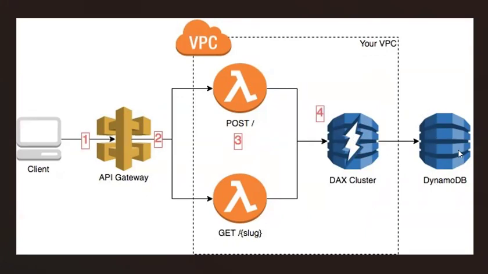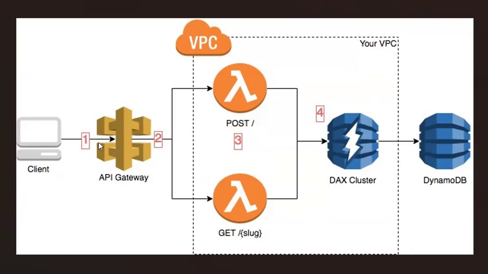I have read requests, update requests, delete requests, and write requests as well. Except read requests, the other requests are sent directly to DynamoDB, and it just sends the response back to the client. DAX doesn't cache the other responses.